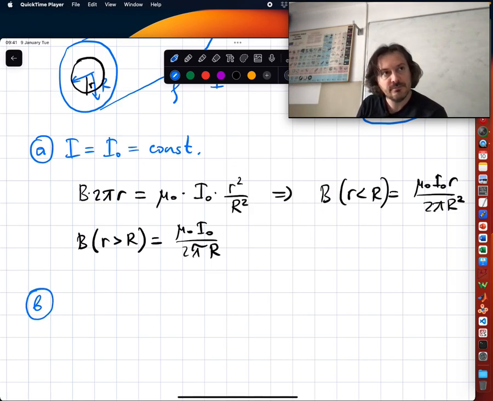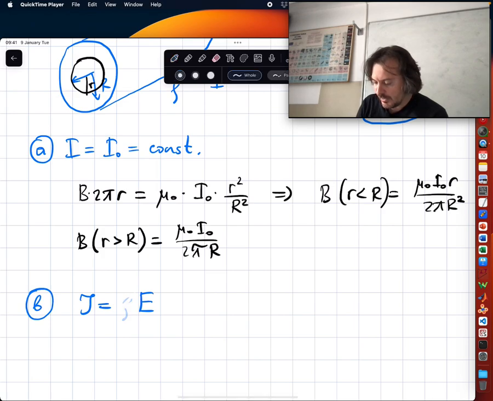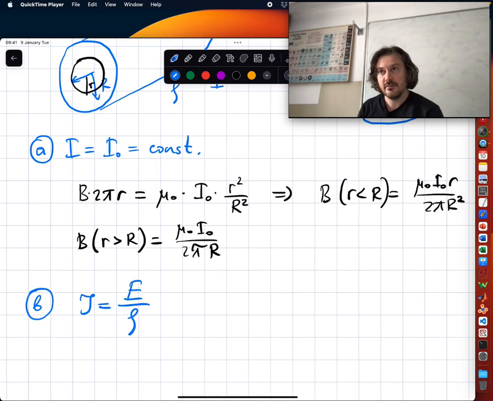Do you remember? Current density and resistivity. Was it like this or was it 1 over that? Like this, right? Okay. J is current divided by area.